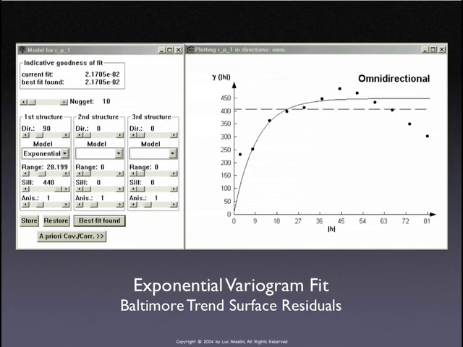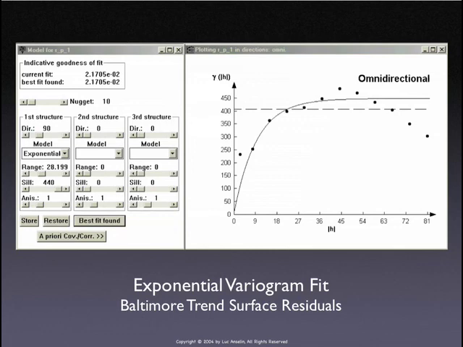Once you have the parameters, the nugget, the range, and the sill, then you can plug them into this equation, in this case the exponential equation. You plug them in there, and then for any h, you get the semi-variance, or conversely the covariance, for points that are that distance apart. So now we're in business.